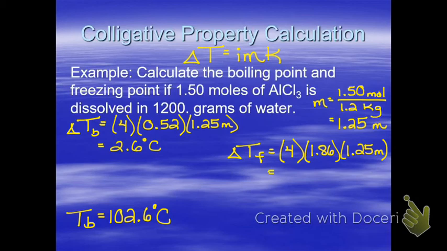I'm going to plug all of that in, and I'm going to get 9.3 degrees Celsius. But again, that's not my final answer. What is water's typical freezing point? It's 0, but it's going to fall. It's going to go below that, so here's my final answer. So that's how you do it. You'll need to use that chart when you're doing these practice problems.